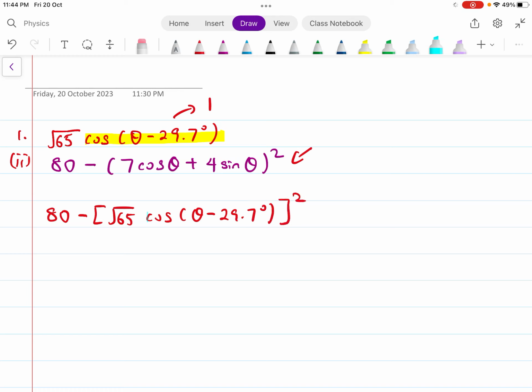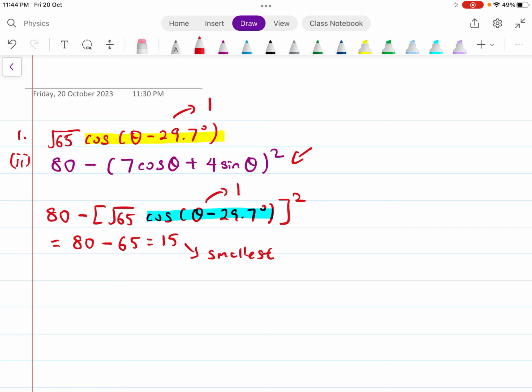Then you will notice that this is 1, so you square 65 times 1, the whole thing squared, you will get 65. So it's equal to 80 minus 65, which will become 15. So this 15 is the smallest value.